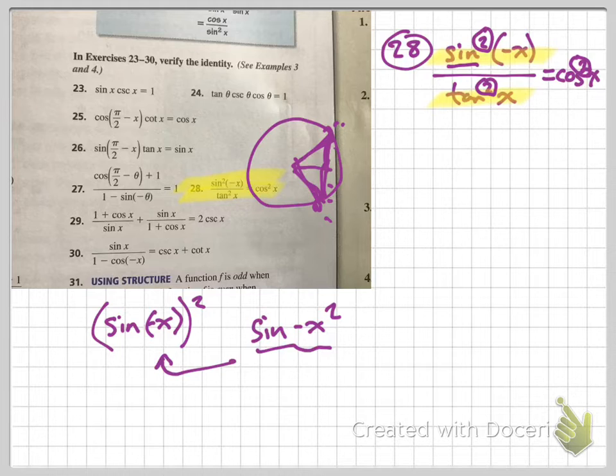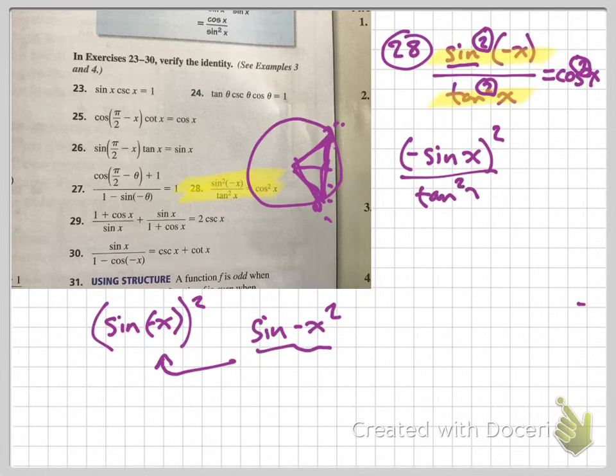So the first step we're going to be able to do is to try to rewrite this, instead of as sine squared of negative x, as negative sine of x, all squared, because we're able to do that given that first property.